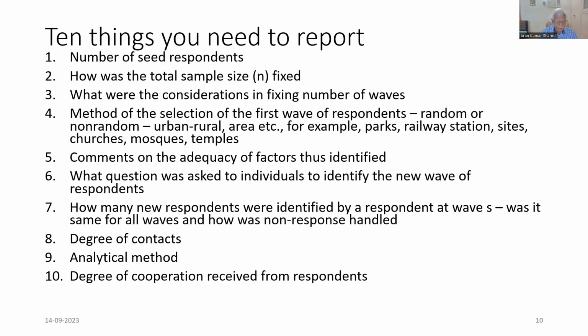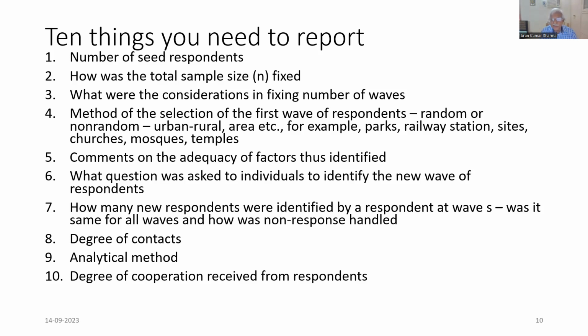I wrote in the initial slide that from individuals in wave 1, you recruit individuals of wave 2. And to identify individuals of wave 2, you ask certain questions. The questions may be about your contacts, association, who are the people who introduce you to this activity, or whom do you respect more in this kind of network. There are certain questions which you will ask to reach the second wave of respondents. What were your questions?